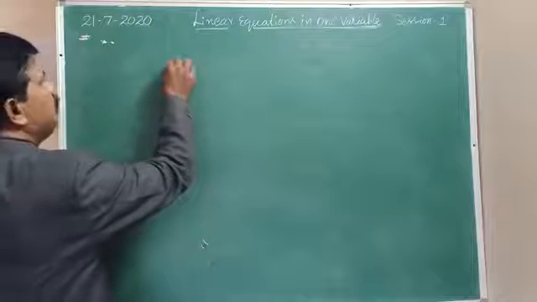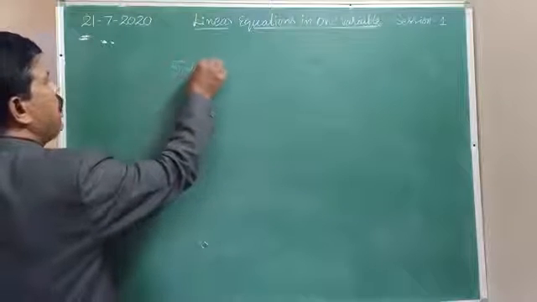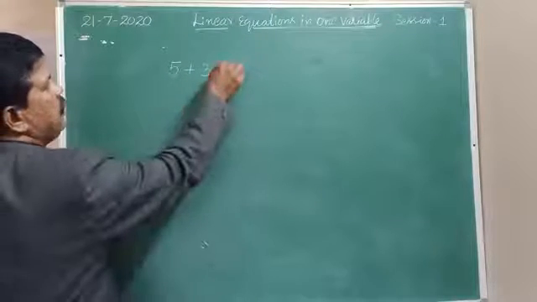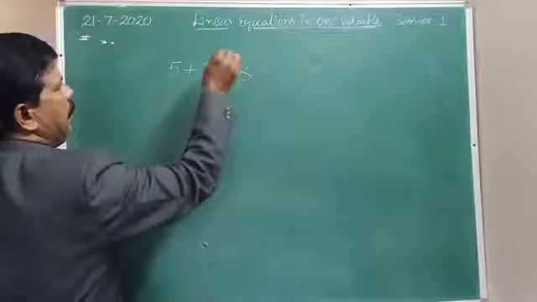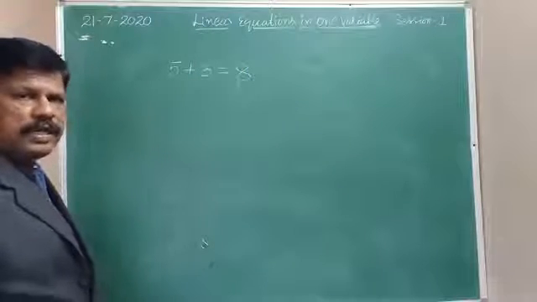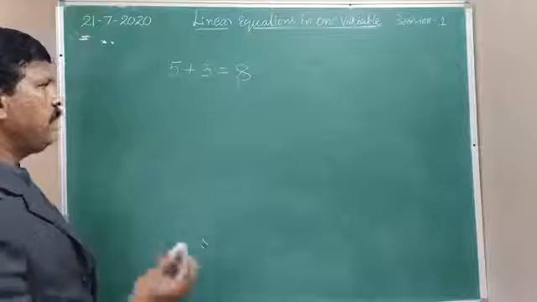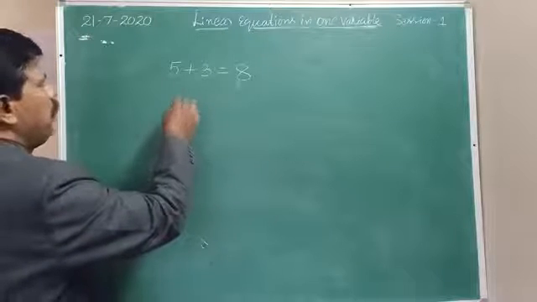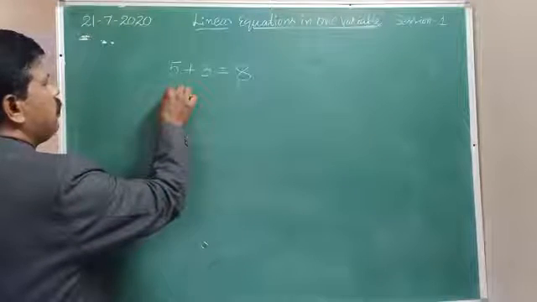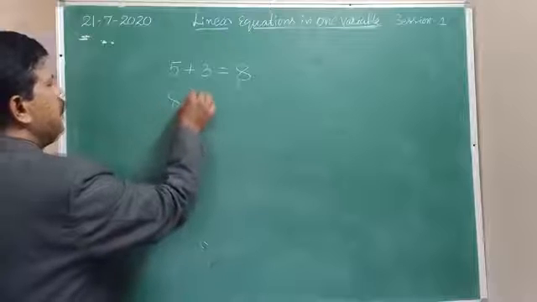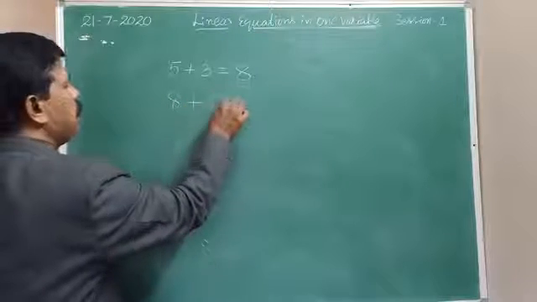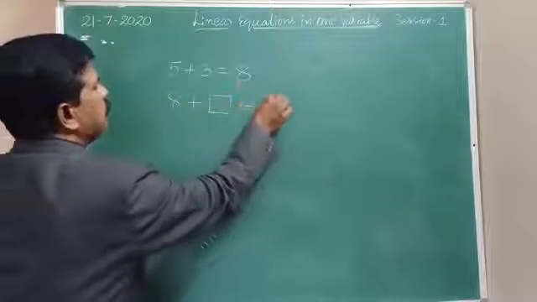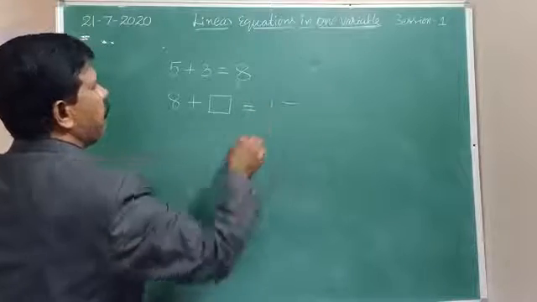Okay. Now, look at this. 5 plus 3. What is this? 8. 5 plus 3 is 8. Then here, if 8 is added to something, we will get 15.